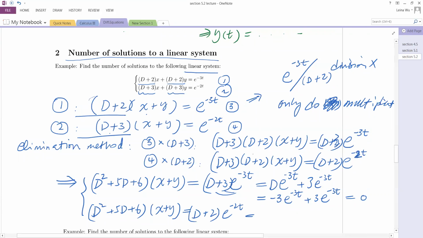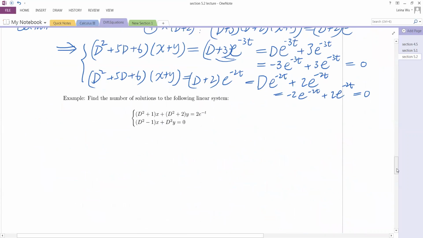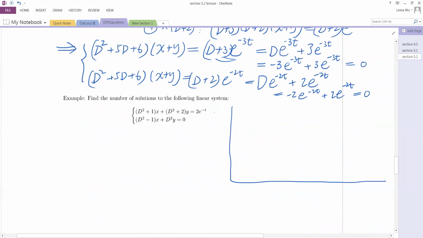Similarly, that's the derivative of e to the negative 2t plus 2 e to the negative 2t, which is negative 2 e to the negative 2t plus 2 e to the negative 2t equals 0. Good so far? Almost close to the end. After doing this, let me rewrite those two.